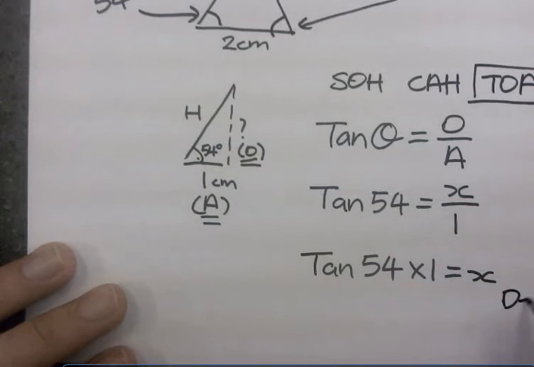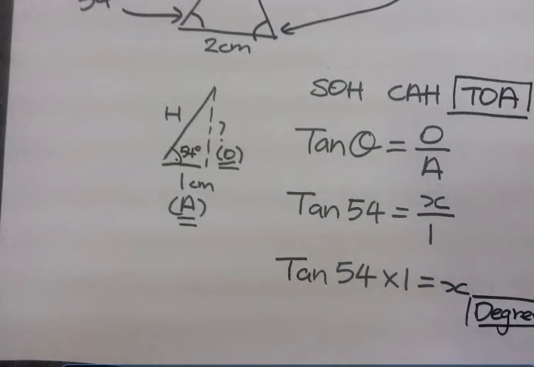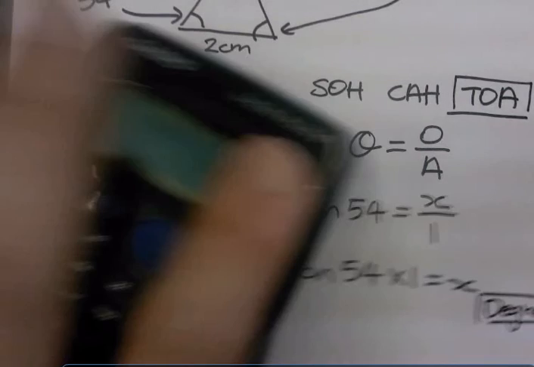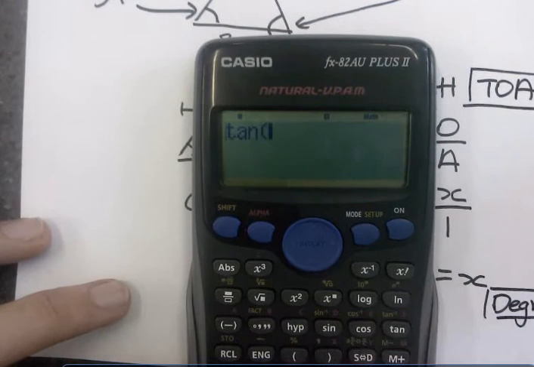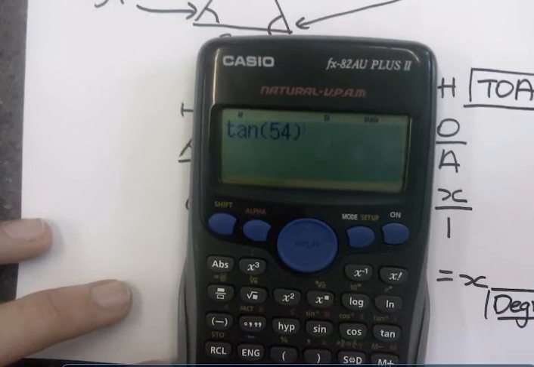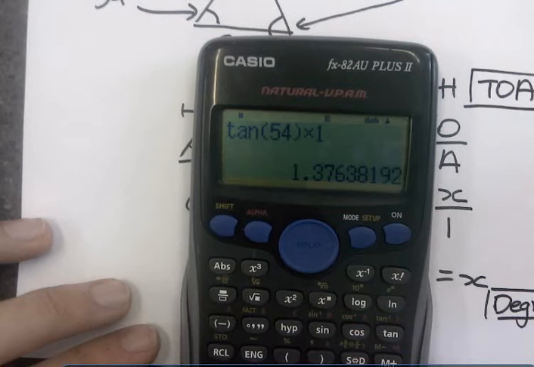Okay, make sure you're in degrees mode. When you type this in, tan 54 close bracket times 1, I get an answer 1.37638192.